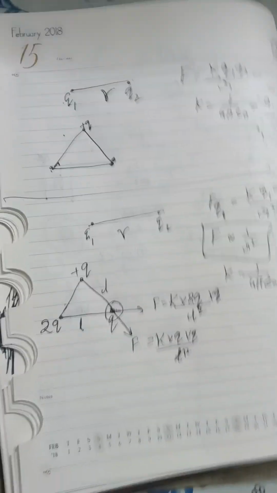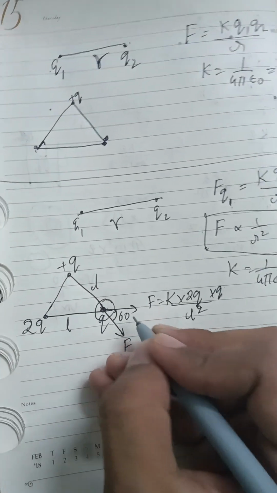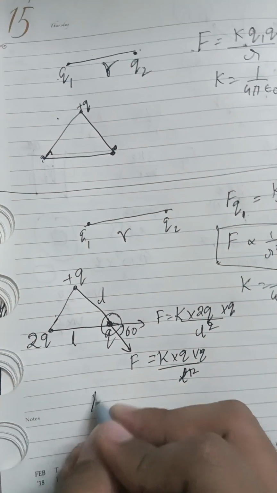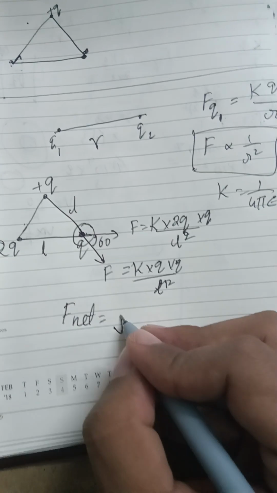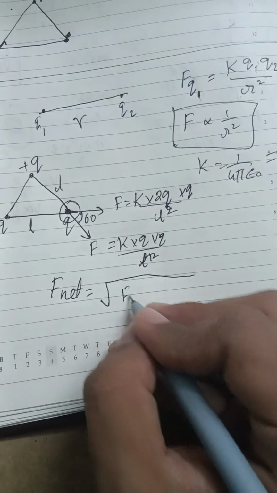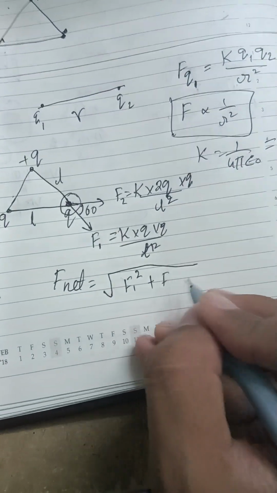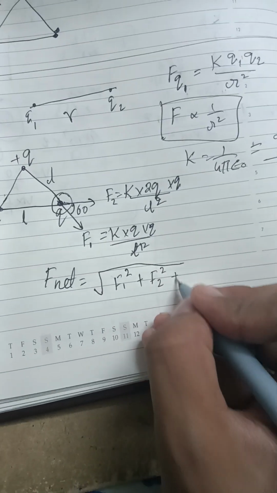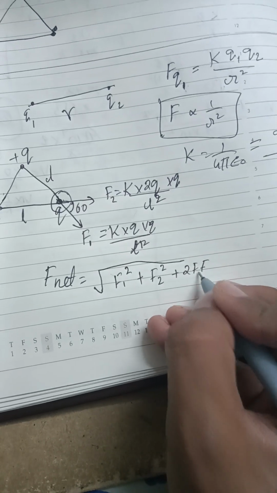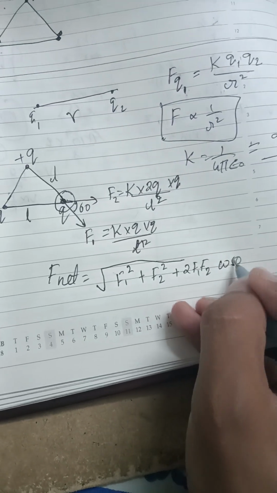Now you might be wondering, this is not the full answer, no? So the formula for F net is under root F1 square plus F2 square plus 2 F1 F2 cos theta.